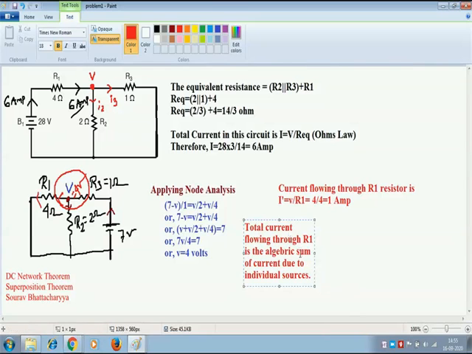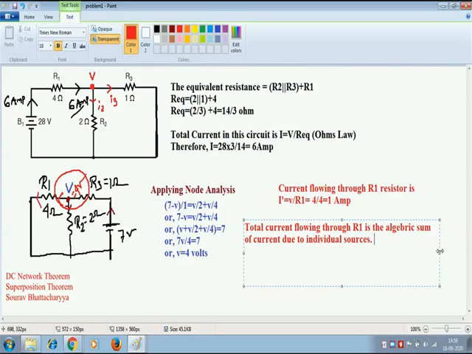So the total current flowing through R1 is the algebraic sum of current due to individual sources. So for 28 volt the current is flowing in the clockwise direction, and for 7 volt the current is flowing in the anti-clockwise direction. So the resultant current, the total current, 5 ampere will flow through the circuit, or through the R1 resistance.